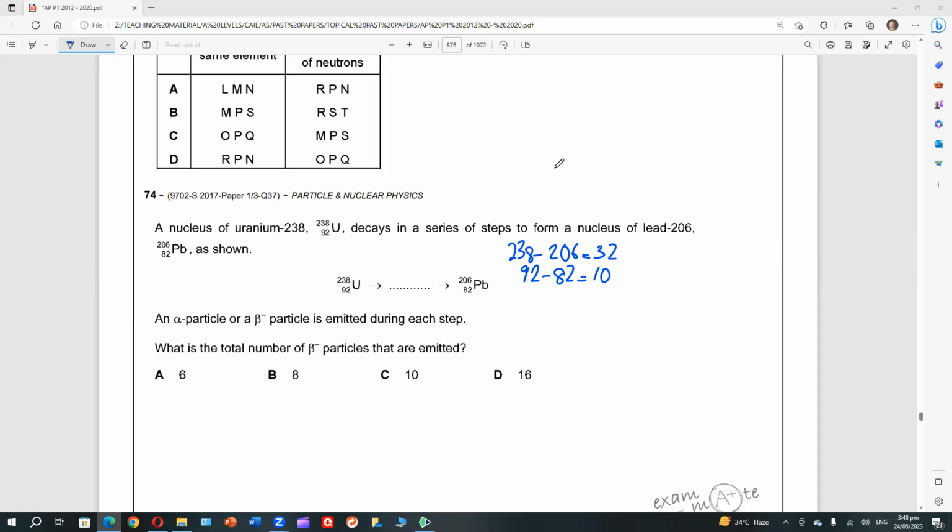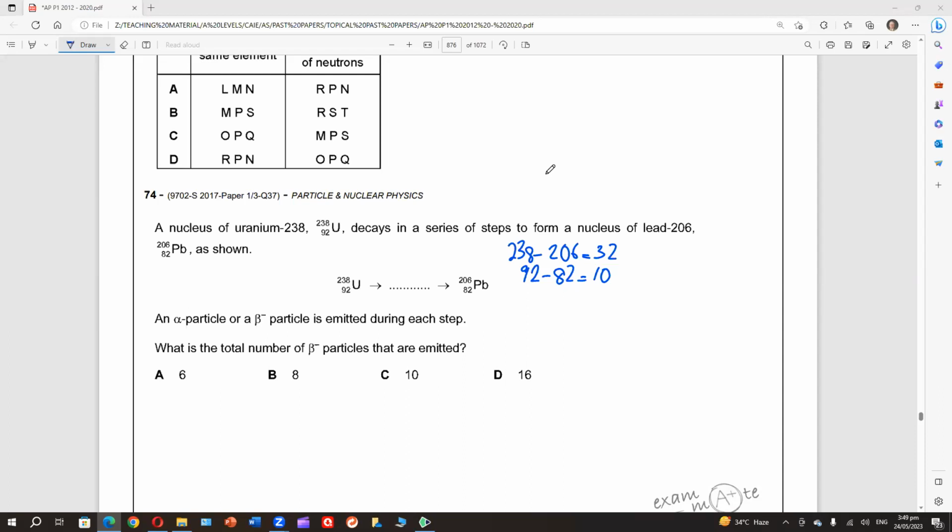So how are you getting 6? If I subtract 4, 4, 4, yes, 8 alpha particles can be a possibility because 32 divided by 4.